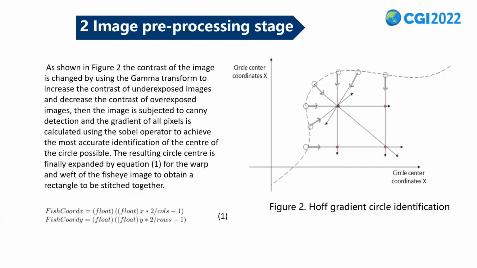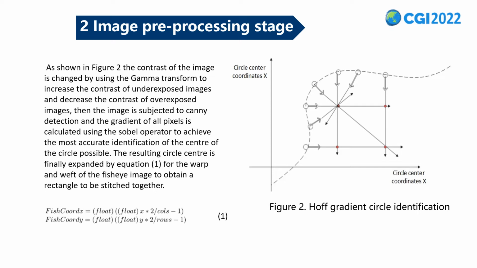So first up is our image pre-processing stage. As shown in Figure 2, the contrast of the image is changed by using the gamma transform to increase the contrast of underexposed images and decrease the contrast of overexposed images.